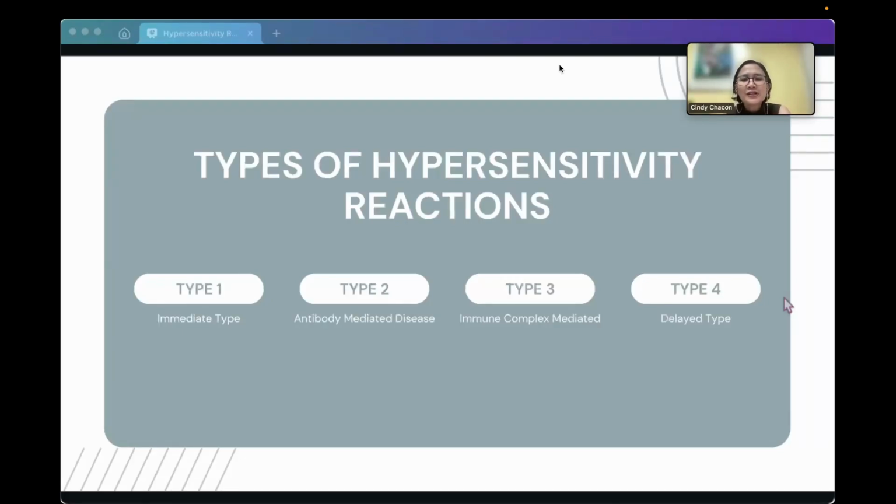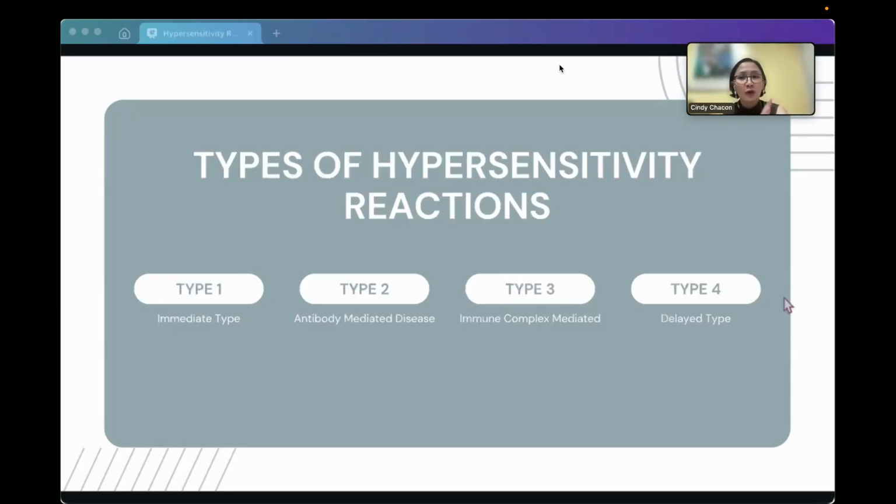For many years, the Gell and Coombs classification has been a widely accepted guide to understanding the complexities of immunologic reactions, whether they are infectious in origin or they are adverse reactions to vaccines, allergic diseases, or autoimmune diseases.